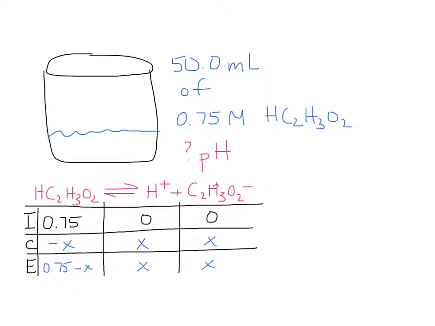Now at this point, it's worth noting a couple of things. If you look at the Ka value for this process, remember, it is very small. When we set up our equilibrium expression using Ka, we'll notice something that we might be able to take into effect. So I'm going to take this information here and transfer it to the next slide.